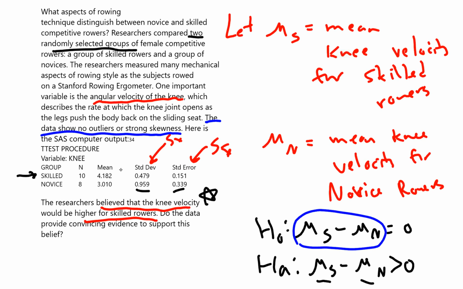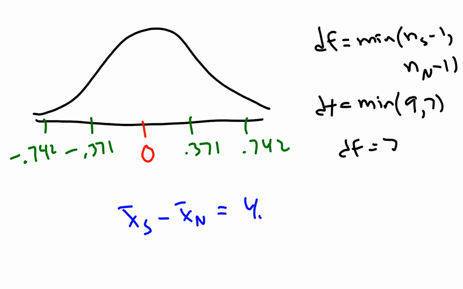We have a mean for skilled rowers right here, 4.182, and a mean for novice of 3.01. So this is going to be 4.182 minus 3.01. Subtracting that, we get 1.172, which is quite a far way out to the right.